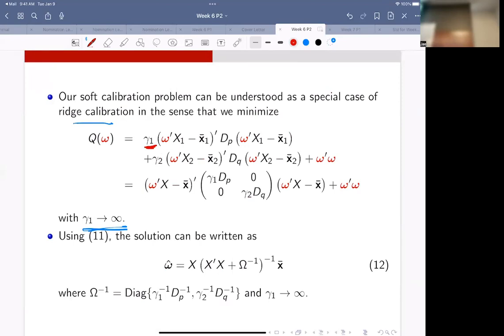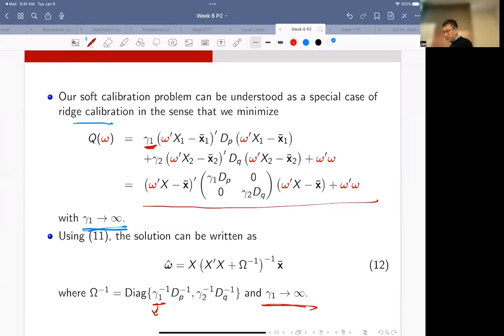And then all you have to do is solve this one. This is a quadratic function of omega, so you can solve it by using some kind of least squares method, supposedly. Okay, so you can solve the least squares to obtain this solution, and then you can move gamma 1 to infinity, right?